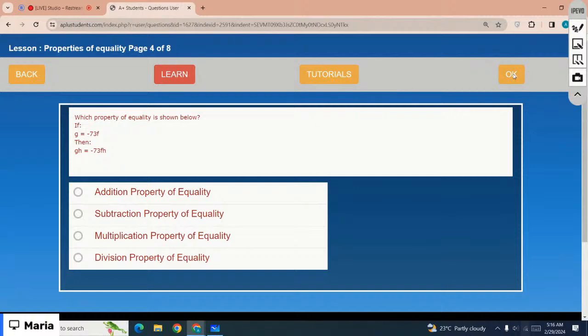So, which is the correct option? Yes, that is the multiplication property of equality. The correct option is multiplication property of equality.